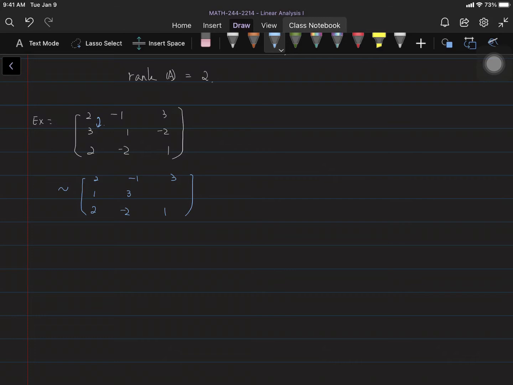With row 1, the 2 makes the 3 into 1. So we keep row 1 the same, and then we switch row 1 and row 2, because we need a leading one in the first row.